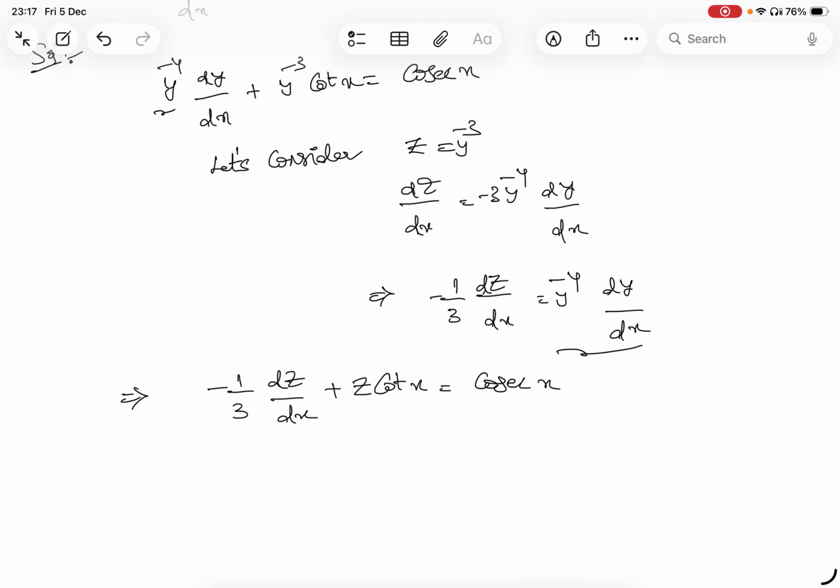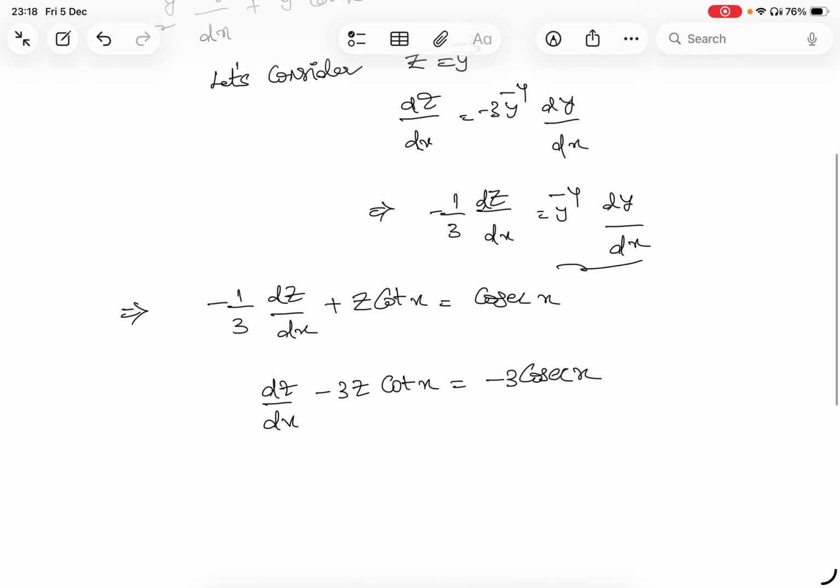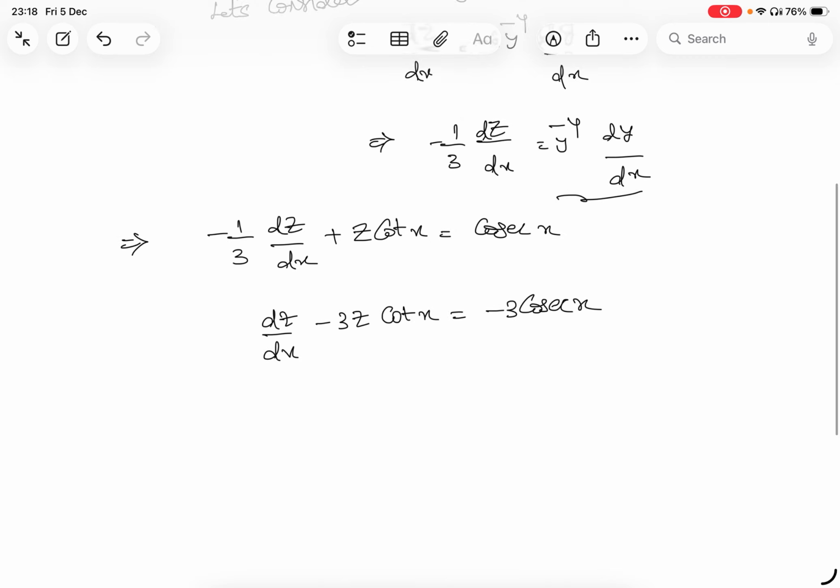Fine. Now let's multiply it with minus 3 on both sides, then this becomes dz by dx minus 3 z cot x equal to minus 3 cosecant x. Right. Now as you can see, this is in the form of dy by dx plus p of x into y equal to q of x form, right? So let's figure out the integrating factor here. The integrating factor is e power integral of p of x dx, right?